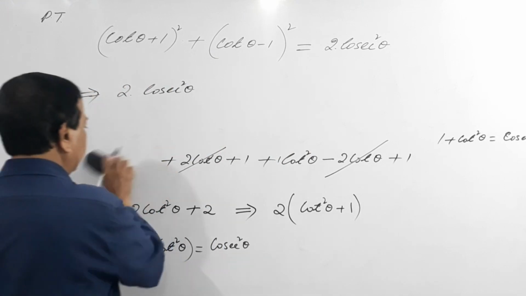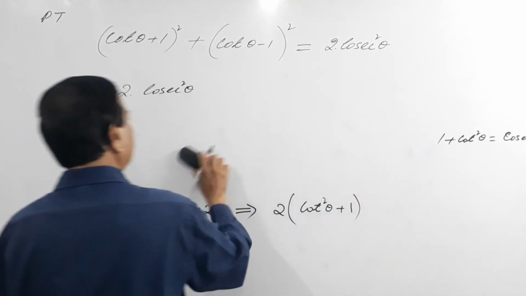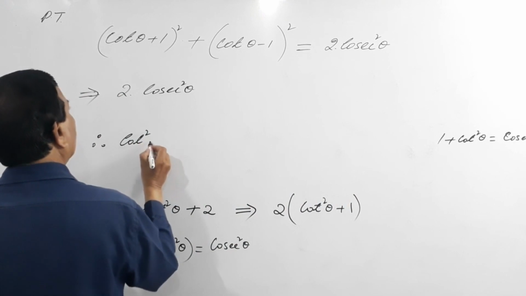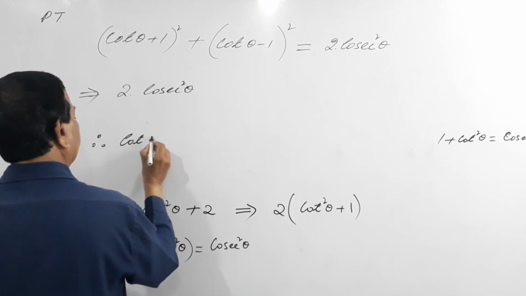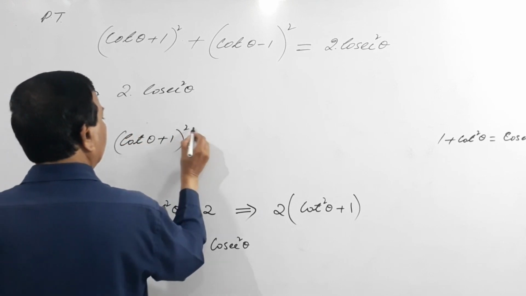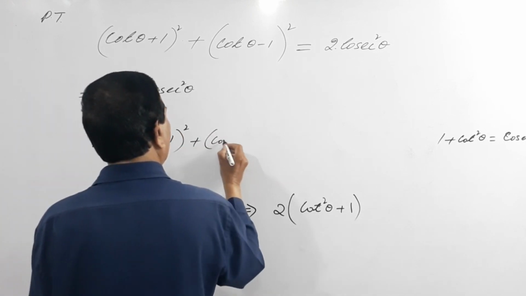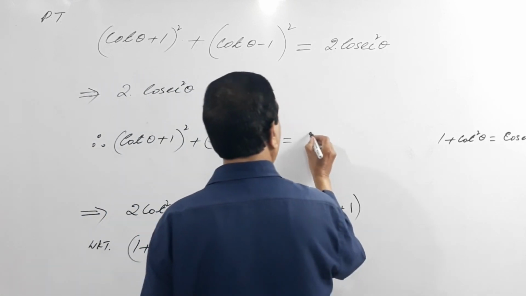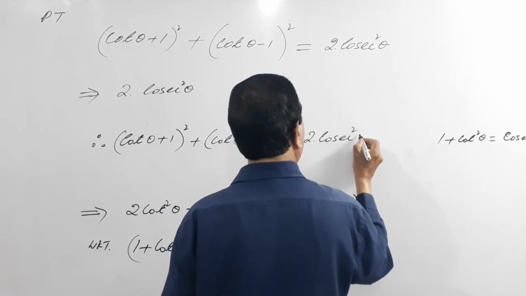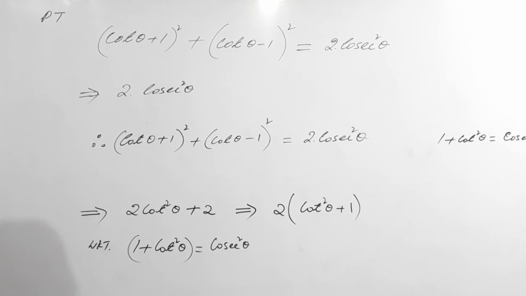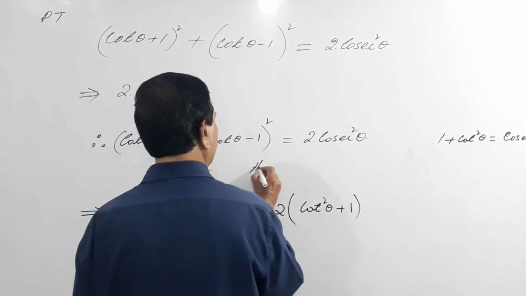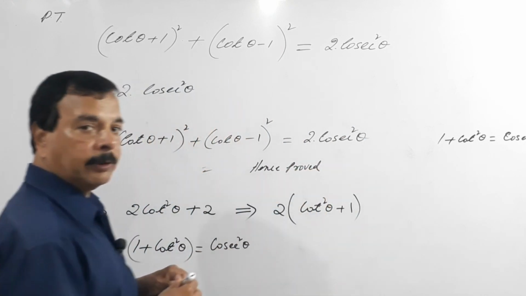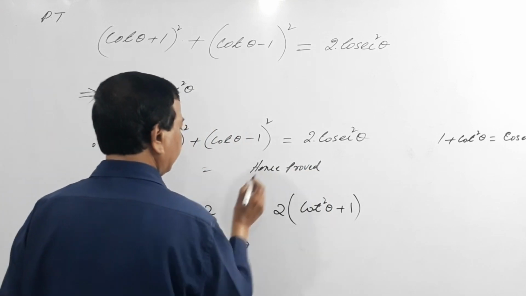Therefore, (cot theta plus 1) whole square plus (cot theta minus 1) whole square equals 2 cosecant square theta. Hence proved. Okay, dear students, very simple problem.